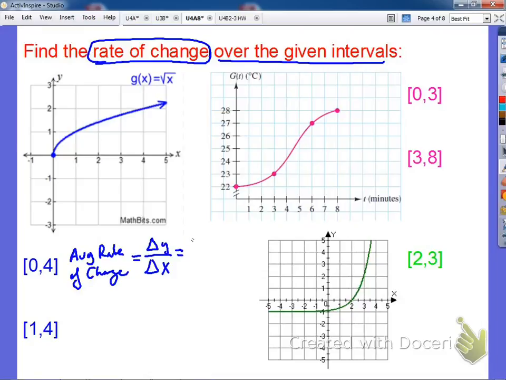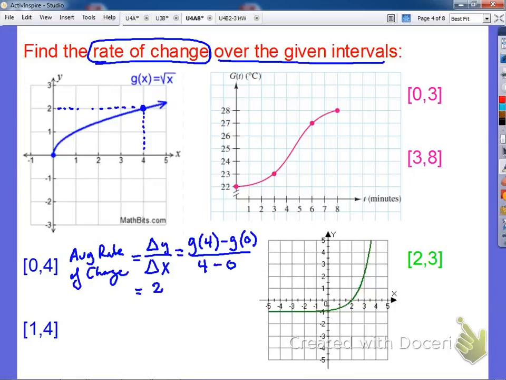So, my question to you is, what is g of 4 minus g of 0 divided by 4 minus 0? So this is the y value when x is 4. So, when x is 4, what is the y value? It's 2.